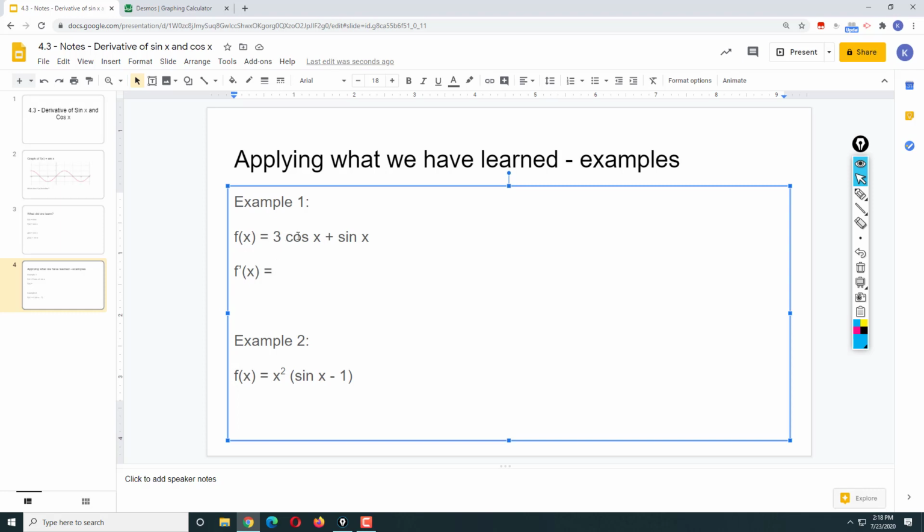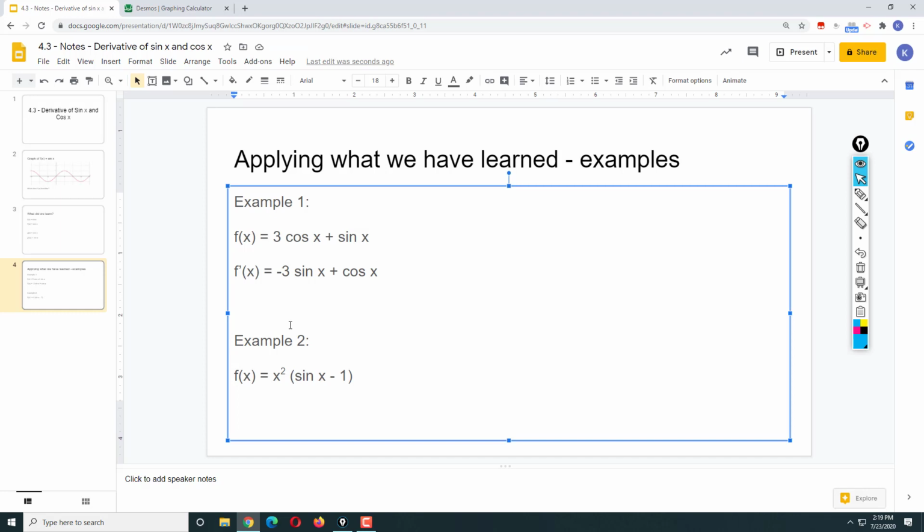The derivative of cosine of x is negative sine x, but this is 3 cosine x, so the derivative is negative 3 sine x. That's the first term. Second term, we have sine x, so the derivative is cosine x. In other words, if f of x is 3 cosine x plus sine x, then f prime of x is negative 3 sine x plus cosine x.